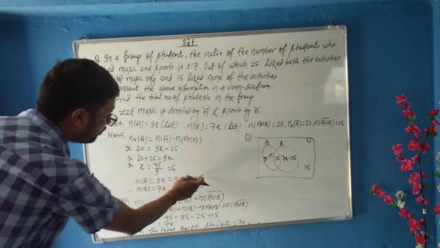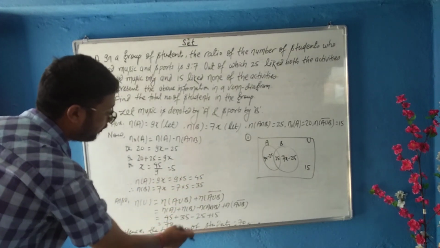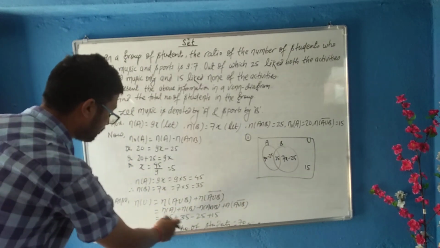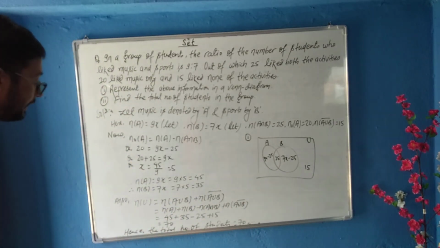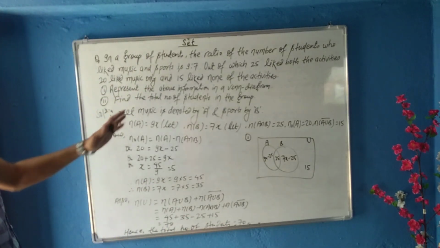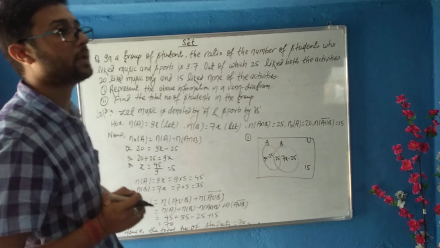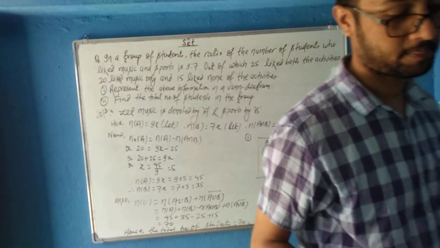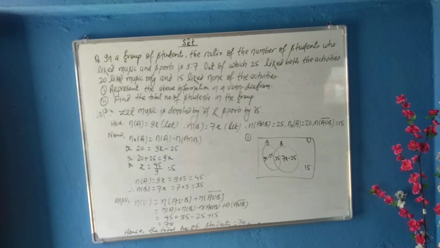So n(A) equals to 45, n(B) equals to 35, intersection means 25, this complement means 15. When you solve this, we will get 70. So hence the total number of students equals to 70. This is the total number of students. So in this way we finally completed next type. And this is all about set.